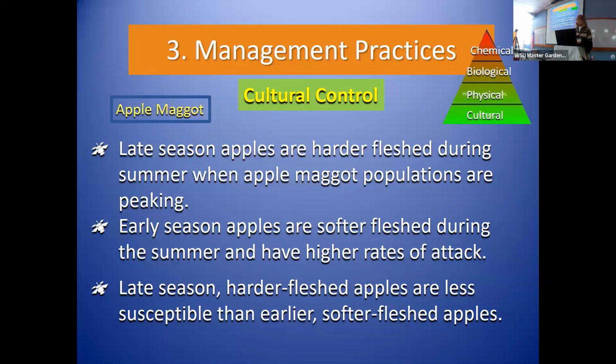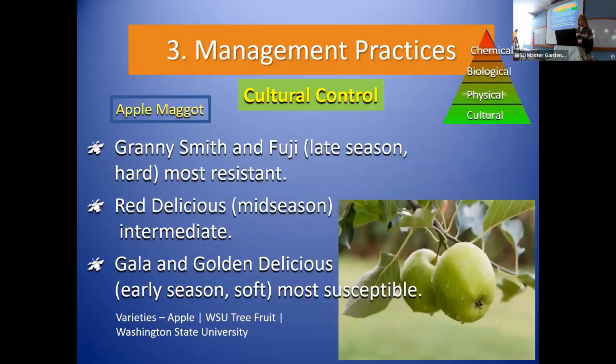However, early season apples, they're softer during the summer months, they're softer flesh, and they will have higher rates of apple maggot attack. So I talked with this researcher, and he said in just one bullet, you could say, late season, harder fleshed apples are less susceptible than earlier, softer fleshed apples for apple maggot.